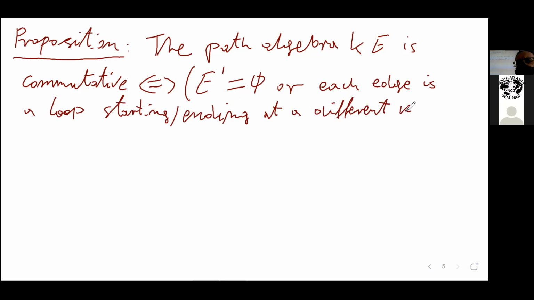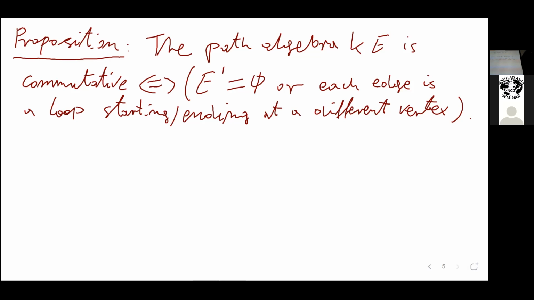And you know very well by now what I mean by this. So that's exactly the same type of proposition. It's just that now instead of saying that our semi-ring RE is commutative, we say that the path algebra KE is commutative.